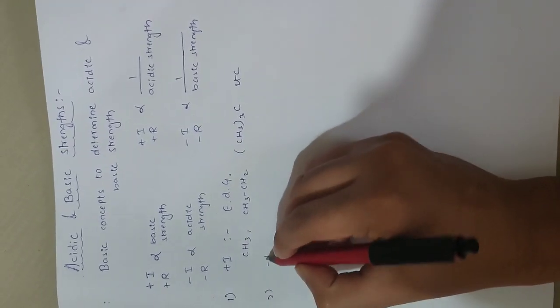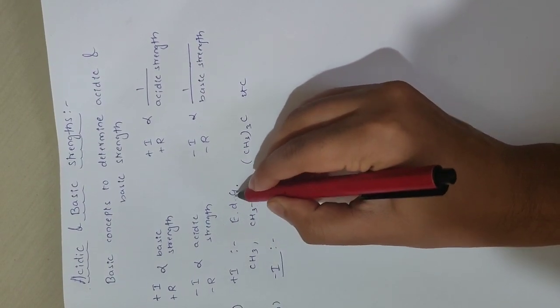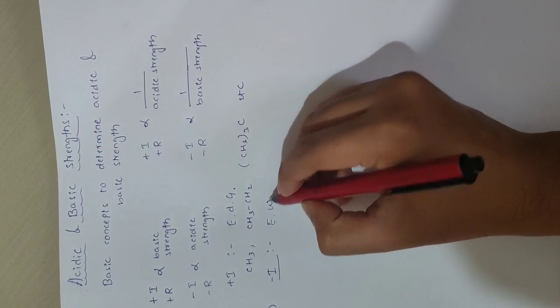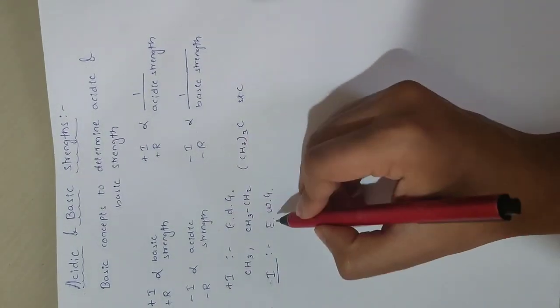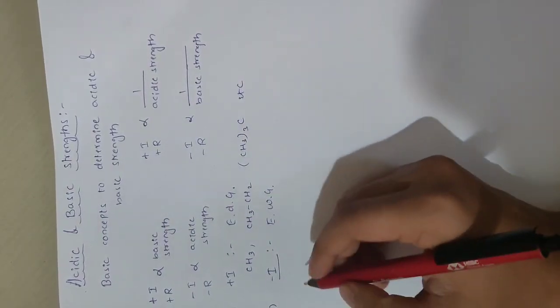Then the second one is the minus I effect. Here, the plus I effect is the concept of donating groups, and the minus I effect is vice versa: electron withdrawing groups. Whenever electron withdrawing groups are attached to the carbon atoms, it shows the minus I effect.